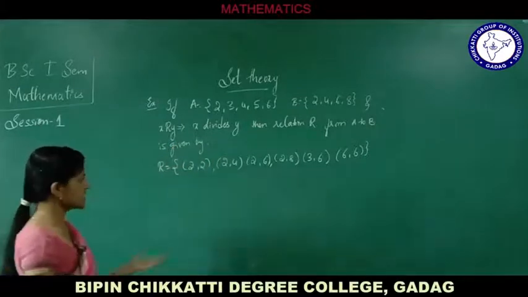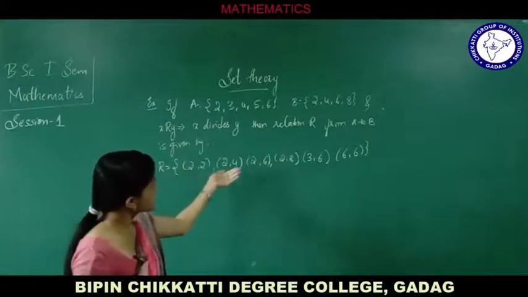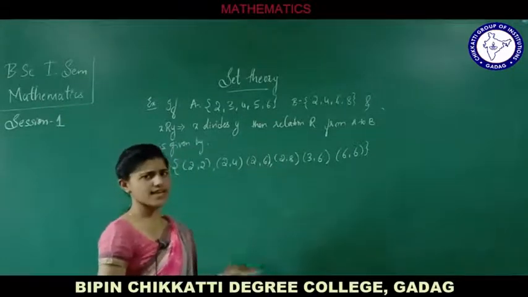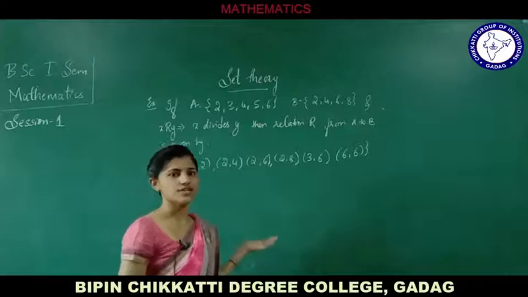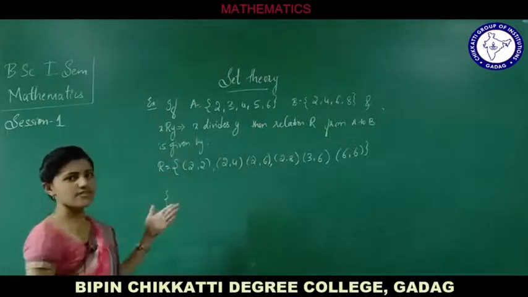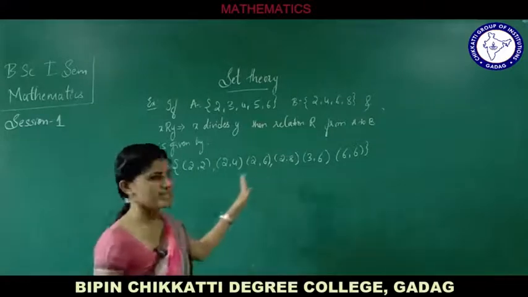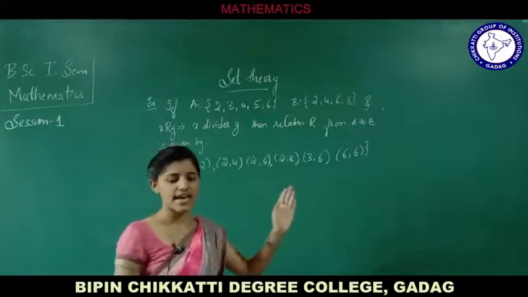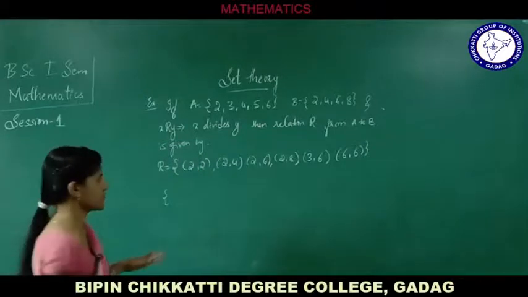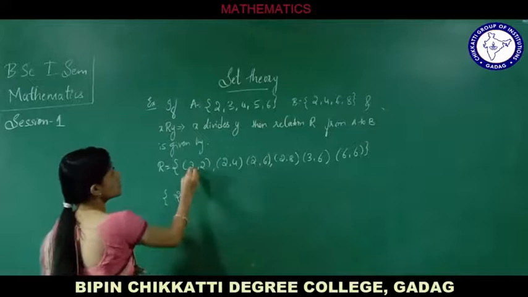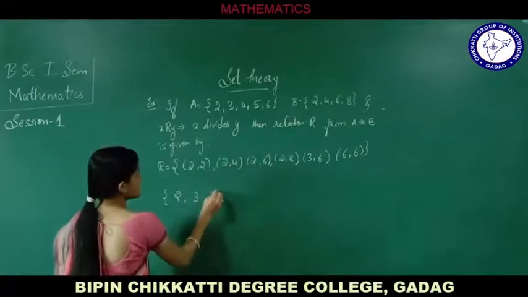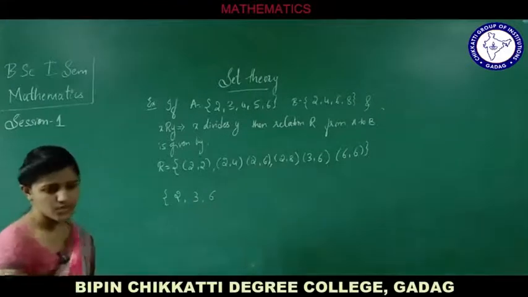I earlier said that the first element is called the domain of the relation, and the second is called as what? Range of the relation. So let us first write down the domain of the relation. We are not going to write the repeated elements. We are going to write it only once, dropping those which are repeated again and again. 2 is repeated, so we have written it only once. 2, 3, 6.